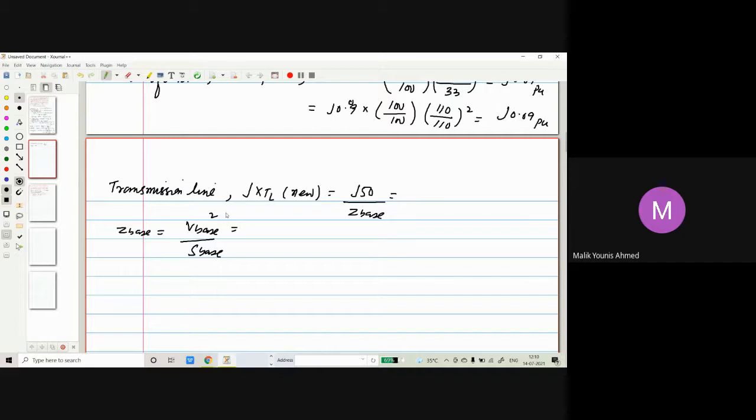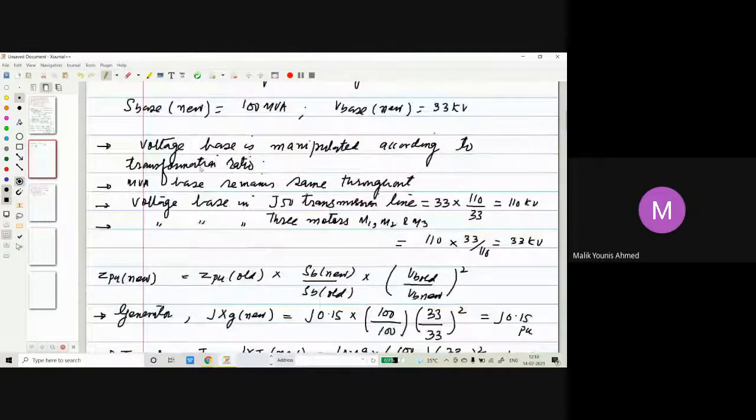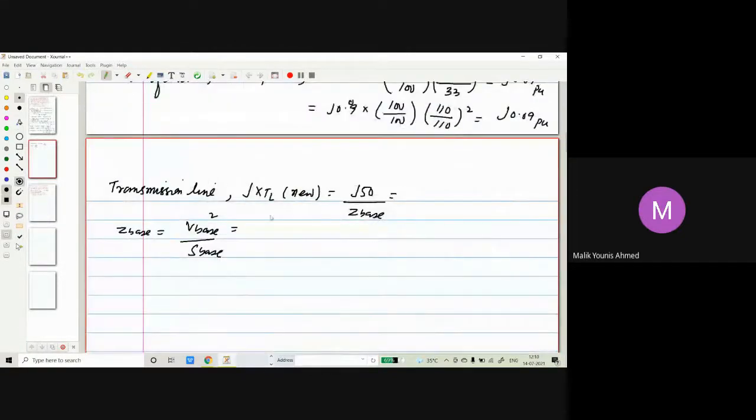What is V base? V base on this side is 110. You can very clearly see that base value on the transmission line is 110. So you have to use the same base value, 110 whole square, divided by S base, which is going to remain the same, 100 MVA. So this value is going to become J50 divided by 110 whole square over 100. I'm substituting the Z base value.